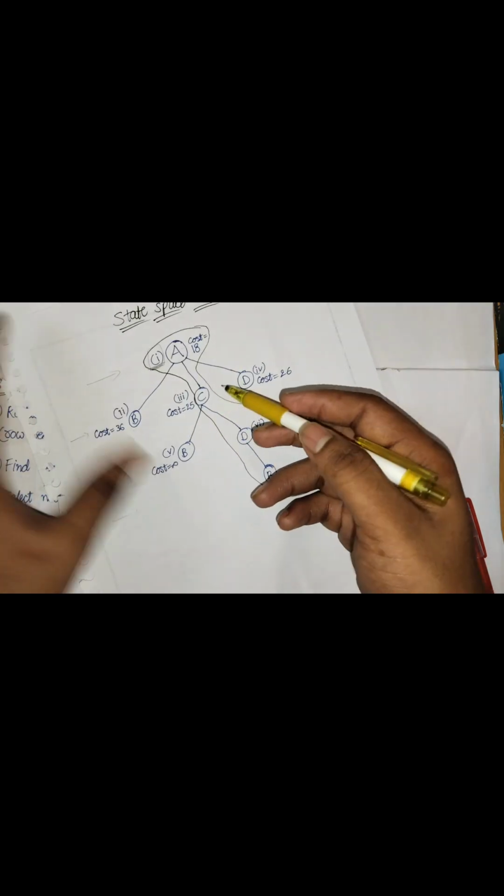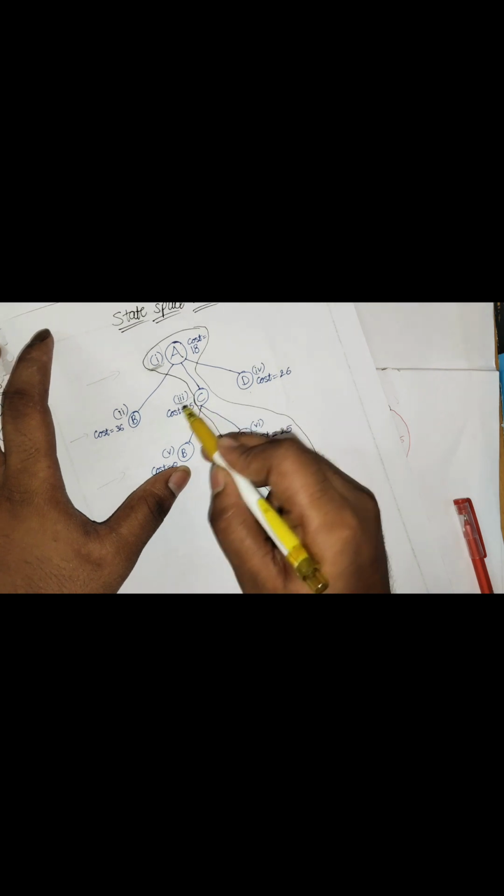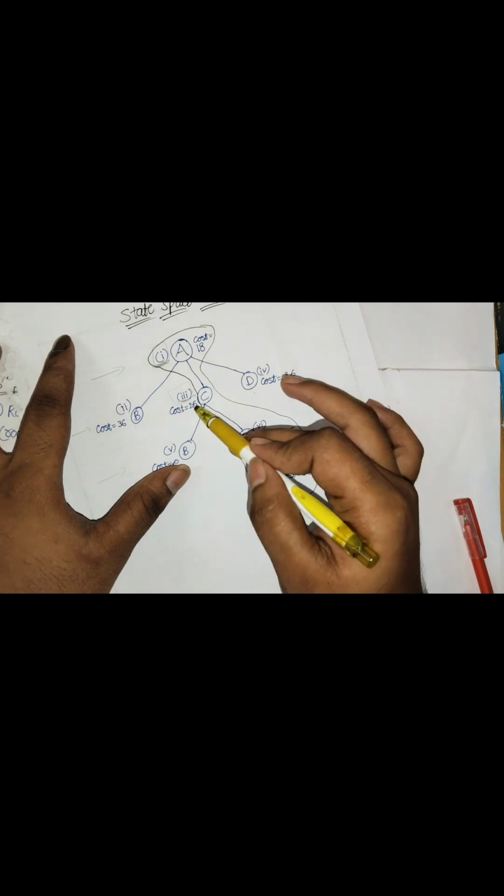For calculating B, C, D cost, you have to use the base matrix of A, and for the third level, you have to use the base matrix of this C. For calculating costs of B and D, you have to take the reduced cost matrix of C, and at the last level you have to take the reduced cost matrix of D.